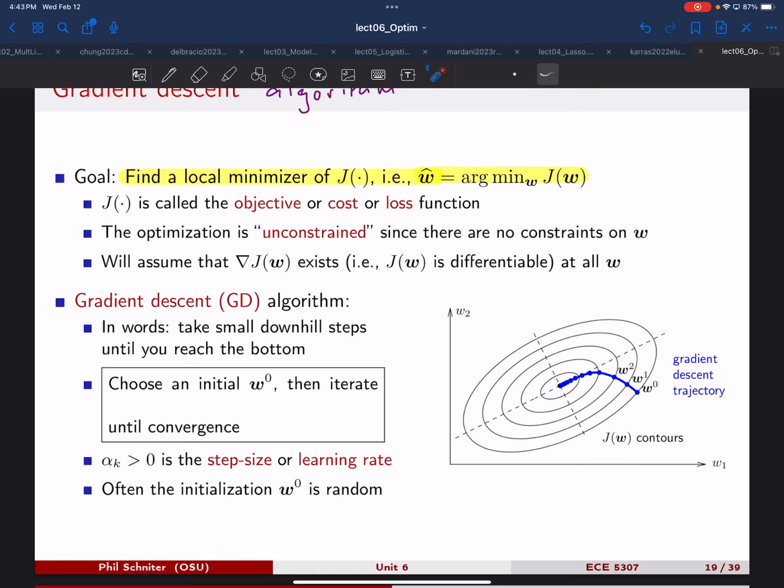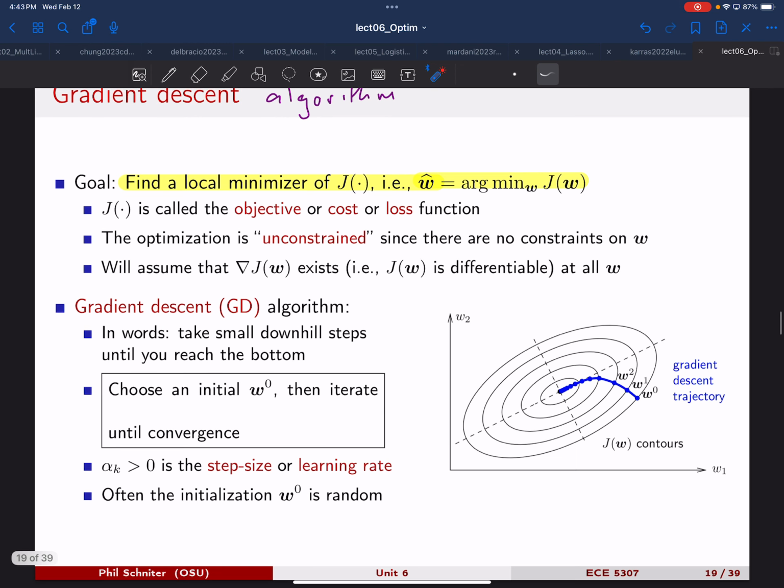If we can't compute gradients, what we're describing here, gradient descent, doesn't work. So these are a few caveats. But finally, this is the approach. If I want to describe the approach in words, we start somewhere with a guess of the solution, maybe a very bad guess, and we just take downhill steps down this loss, small downhill steps until we stop.